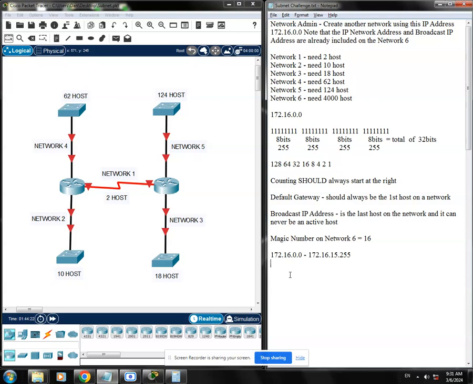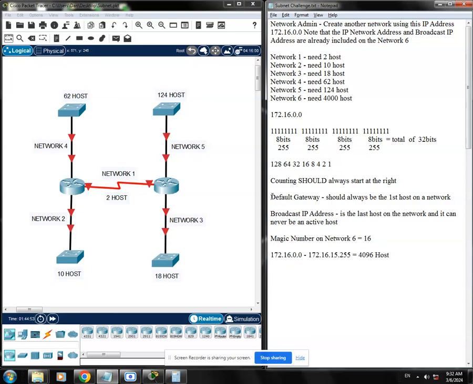Meaning it goes from 172.16.0.0 up to 172.16.15.255. This can cover all of the 4096 hosts, and this includes the IP network address and the broadcast address. Now let's identify the default gateway.